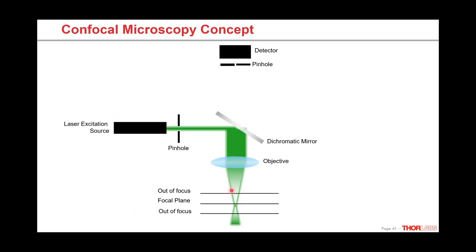Similarly, light that's excited or emission light that's generated in the top part of the cone of the excitation light that comes from above the point of focus is going to focus behind the pinhole. And again, most of the photons are going to strike the side and are not going to make it through the pinhole to the detector. In this way, confocal microscopy excludes out of focus light.